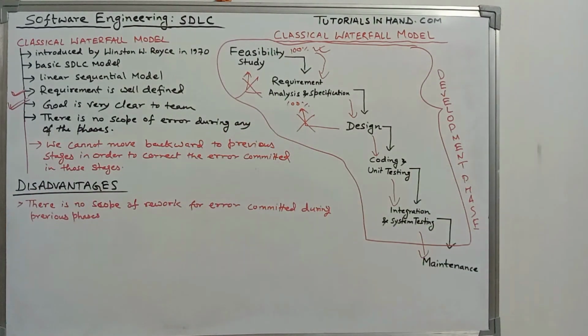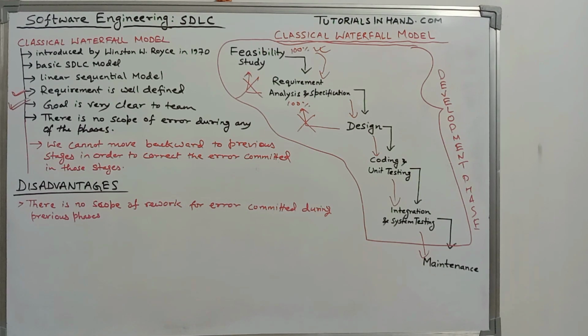Why? Because in today's world, you should have this scope where you can go back to the previous phase and correct the error, because any engineer who is working on the project is not God, and they will definitely commit some error due to miscommunication, misunderstanding, or overlooking anything which needs to be corrected, right?